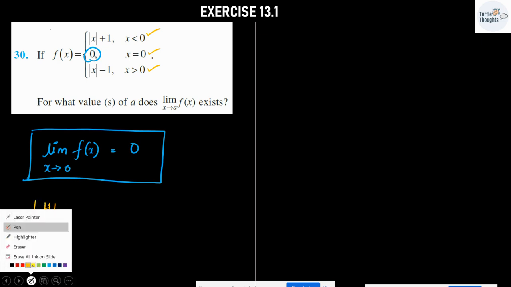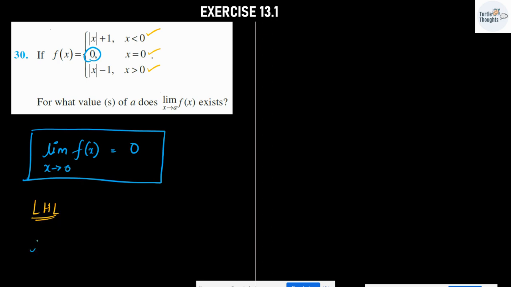For the LHL, I will be getting the limit of f of x as x tends to 0 minus, when x is lesser than 0. LHL meaning that when x is lesser than 0, I should be considering the first function, which is mod x plus 1. So I can write over here mod x plus 1.